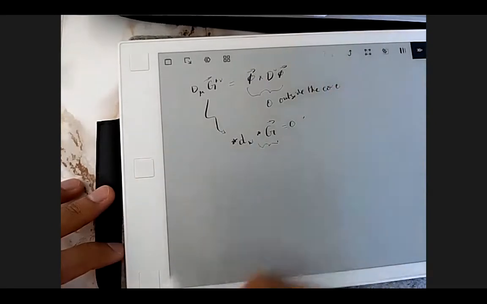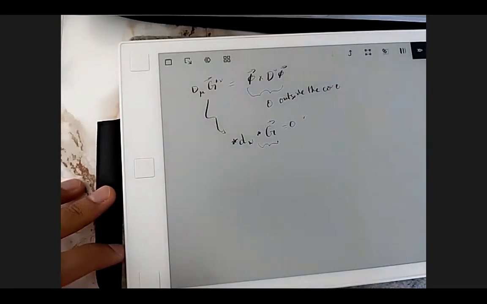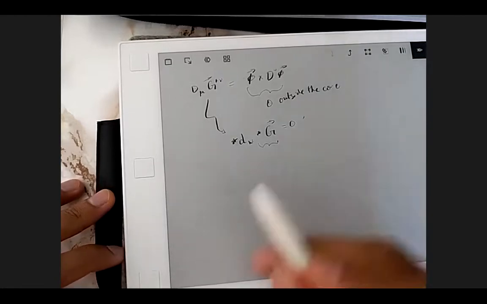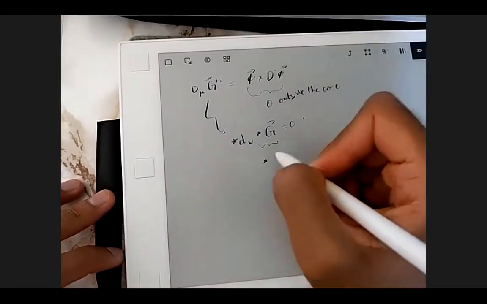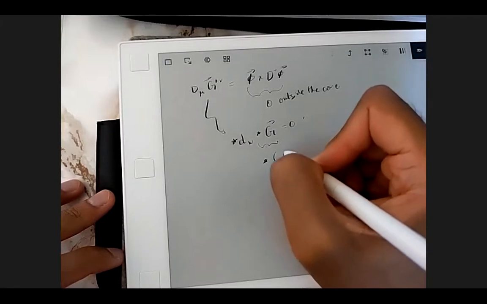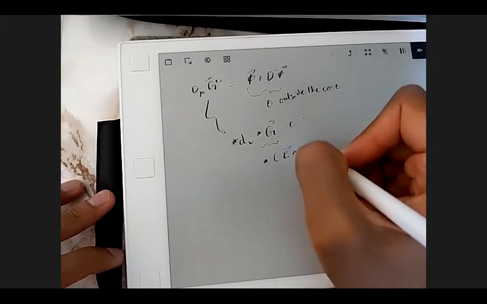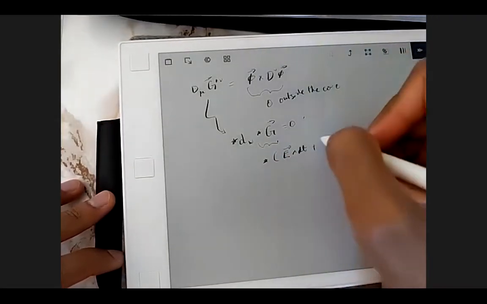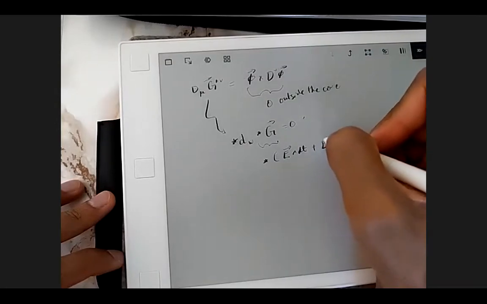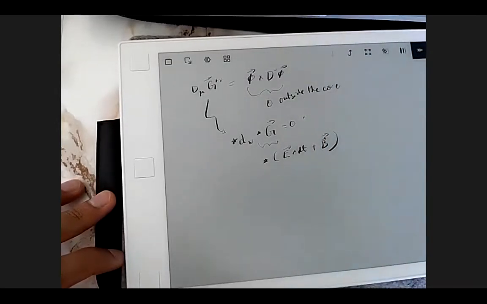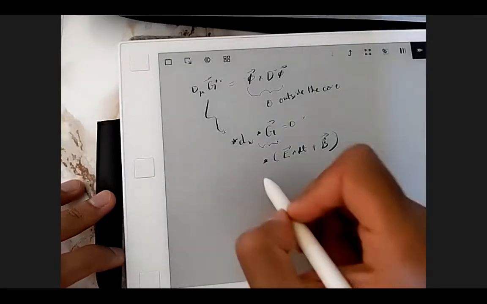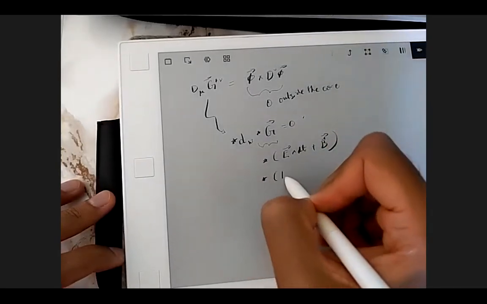Now we have to split this guy. So this is our lesson. We have star of E dt plus this funny B2 form. Let's write that more explicitly.